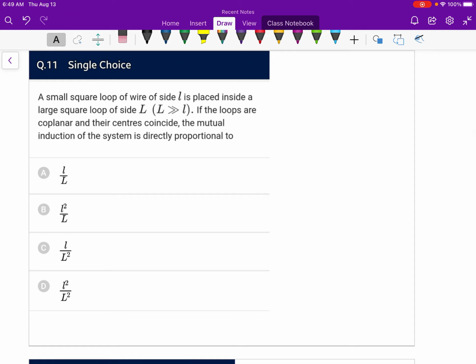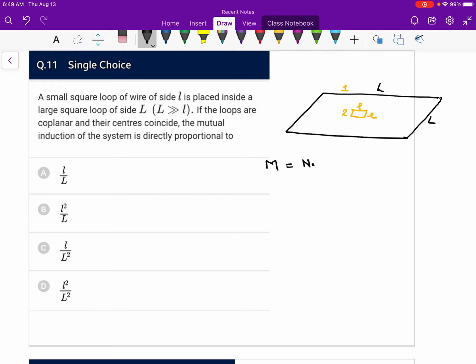Small square loop of side small l is placed inside a large square loop. So this is the large square loop of side length L, and this is the small square loop of side length small l. So let's say this is loop 1, this is loop 2. So mutual inductance is number of turns in 2, flux in 2 due to 1 upon current of 1.